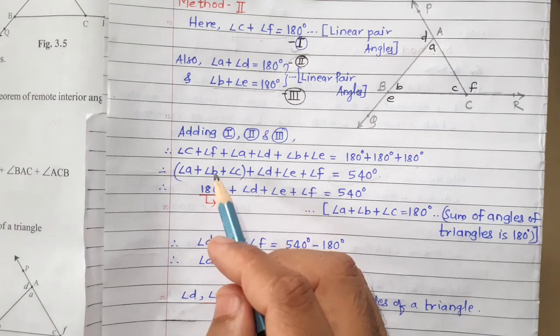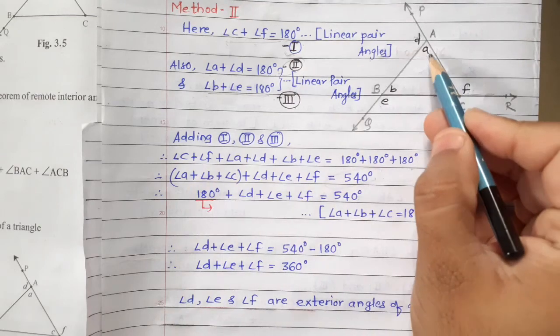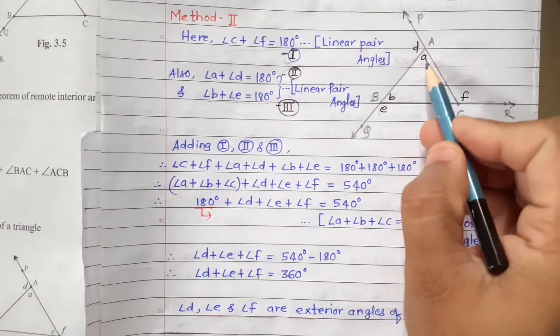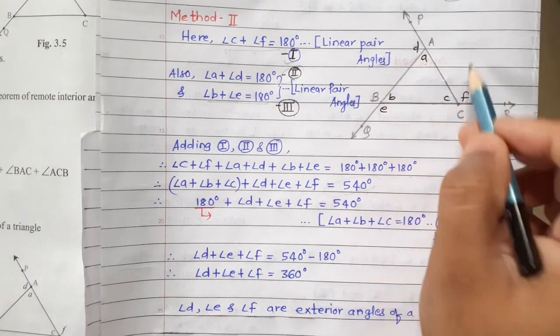In the left hand side, see, we are writing in a bracket angle A plus angle B plus angle C, because from the figure angle A, angle B and angle C, these three angles are interior angles of triangle ABC.